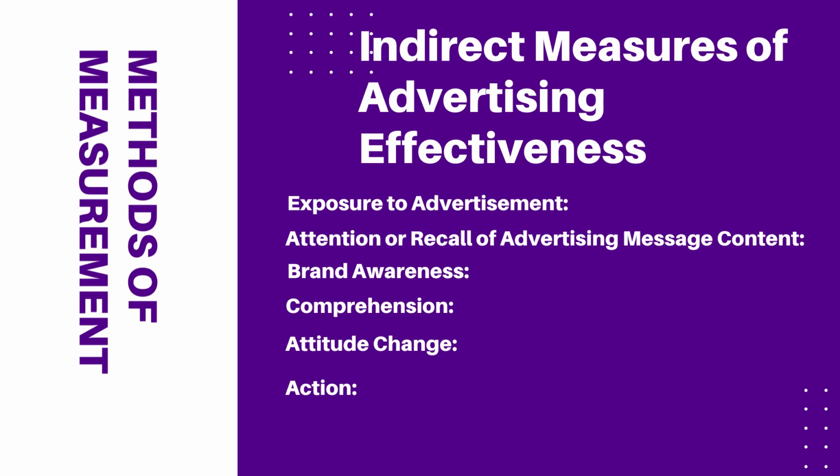These measures do not evaluate the effects of advertisement directly on sales or profits, but all other factors such as customer awareness, attitude, or recall of the advertising message affect the sales, profits, or goals of the business indirectly. Despite the uncertainties about the relationship between the intermediate effects of advertising and the ultimate results, there is no other alternative but to use indirect measures.